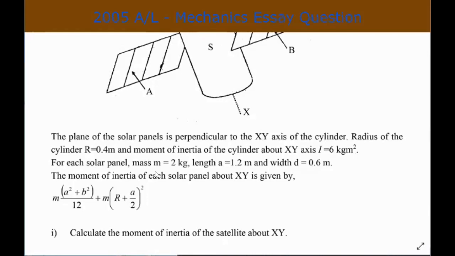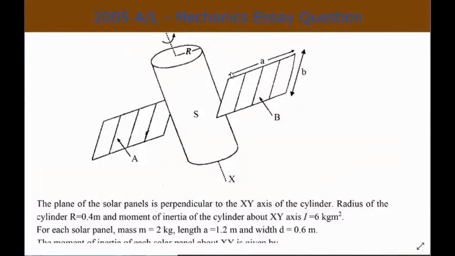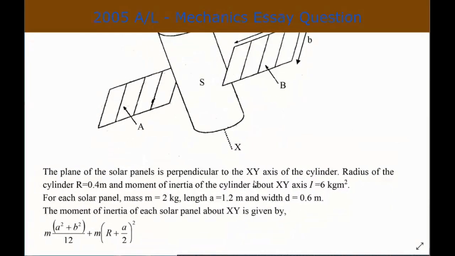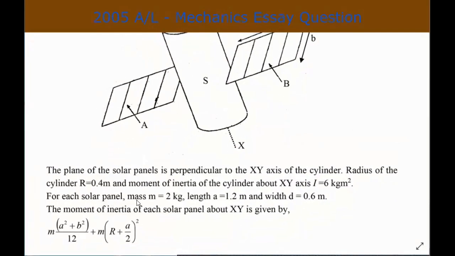For each solar panel, mass 2 kilogram, length a. What is a? This one. This length a is 1.2 meter, and the width should be simple b. That's a typing mistake, not d, but b. So for each solar panel of mass 2 kilogram, length 1.2, width b is 0.6 meter.